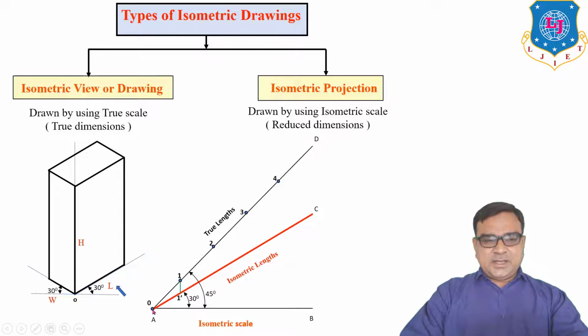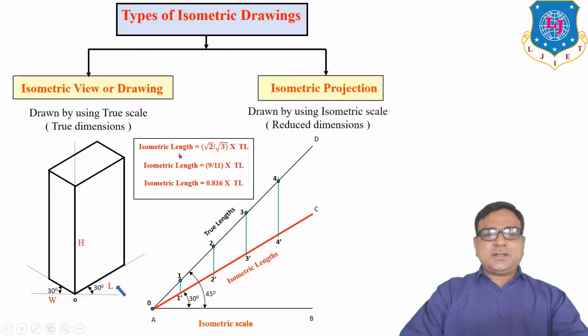So here A1 dash length is known as the isometric length of 10 mm. Similarly 2 dash: A2 distance is exactly 20 mm, but A2 dash distance is the isometric length of 20 mm, which is always less than the true length of 20 mm. Similarly, from 3 to 3 dash, and 4 to 4 dash, draw vertical lines.